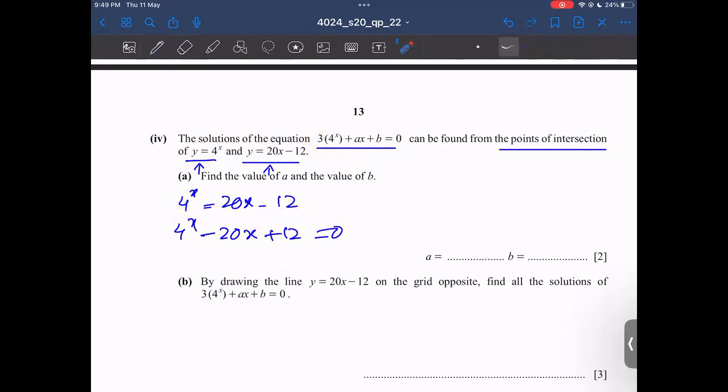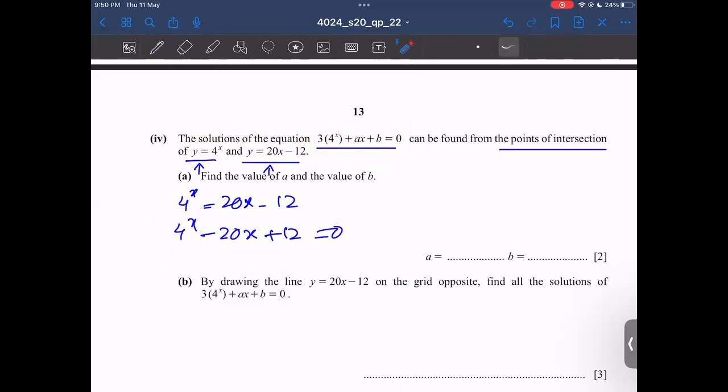All right. But they are resembling each other, but the first term is not exactly the same. We have 3 into 4 power x over here, and just 4 power x over here.